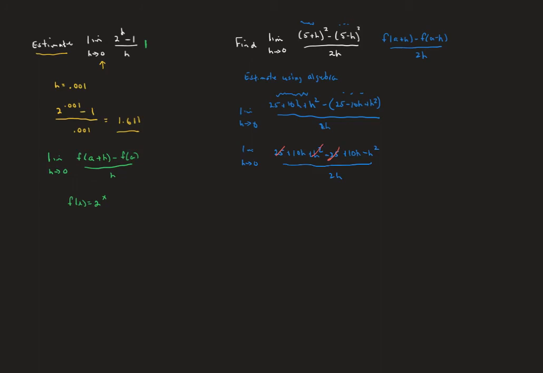And in this case, even the h squareds are going to cancel. So that gets us to the limit as h goes to 0 of 10h plus 10h is 20h all over 2h. We can cancel those h's, so now it doesn't really matter what h is doing. What we're going to get is 20. And so that is that limit.